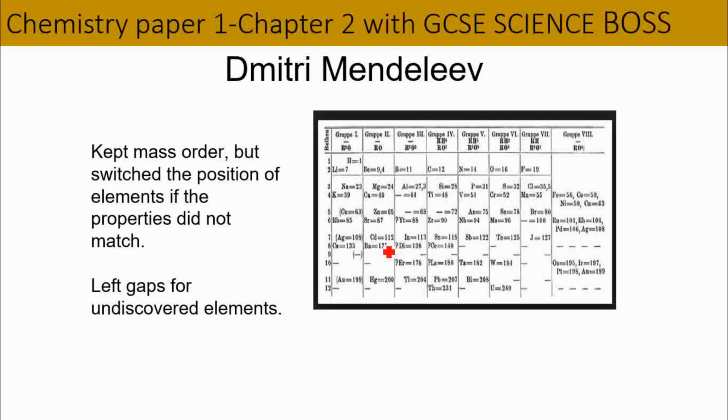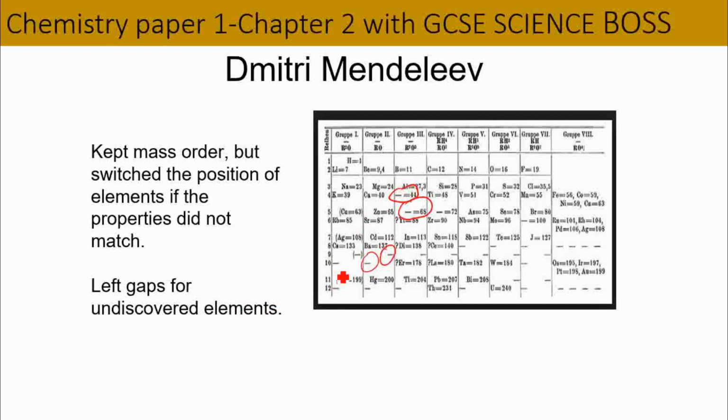He left gaps for elements that were not yet discovered. So you can see the blank spaces there. Those were gaps for elements not yet discovered. But he could make those predictions, and he started swapping around elements that he thought previously did not match up. Okay, good. So that was the main thing that Dmitri Mendeleev did.